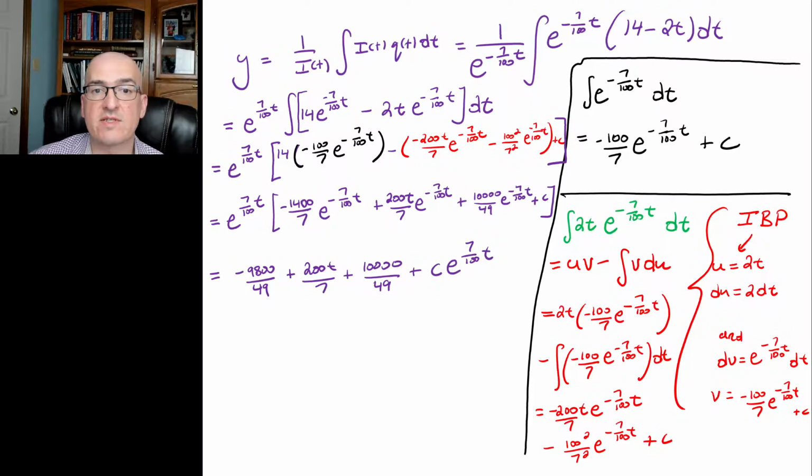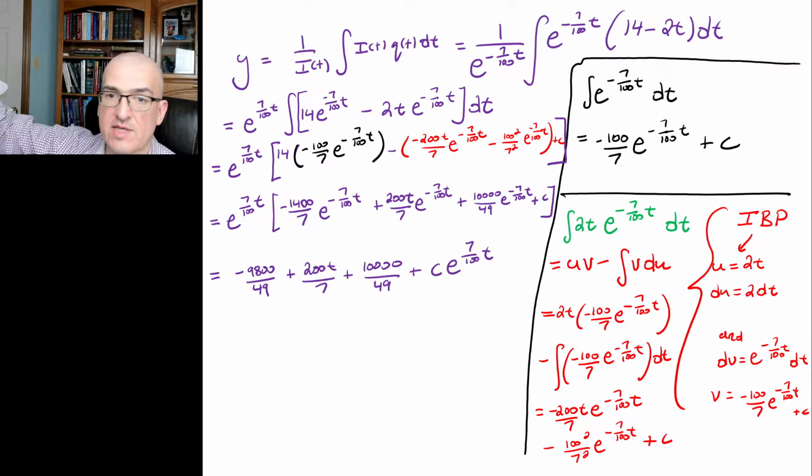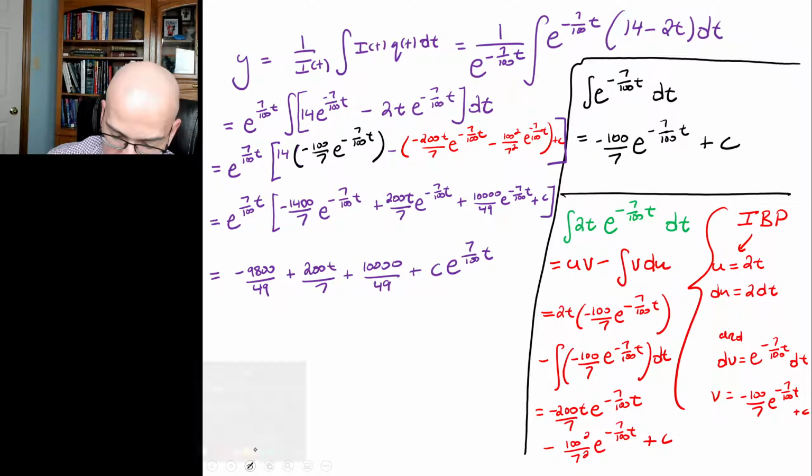So I multiply the e to the 7 over 100t into each term and use exponent laws. We have e to the x times e to the negative x, so e to the x minus x, so e to the 0. So this times this gave us 1, this times this gave us 1, this times this gave us 1, and this times this survived over here.